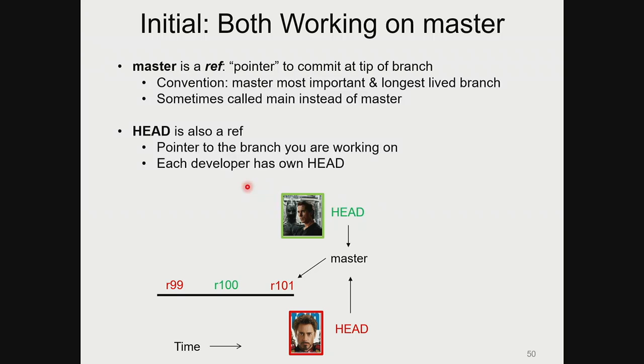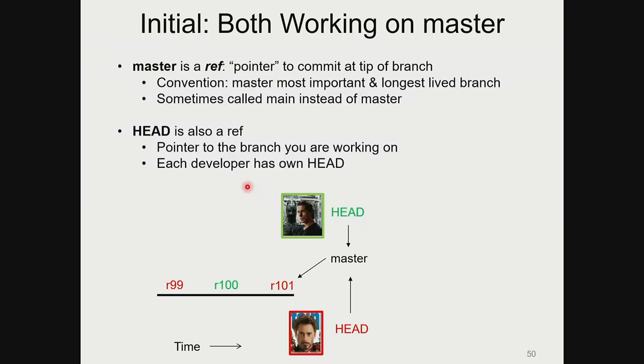Conventionally, everyone calls it master. And it is usually the most important and long-lived branch, okay? So all the developers always try to push their changes to the master branch, okay? Sometimes it's called main in other version control tools, but in Git it's usually called master.